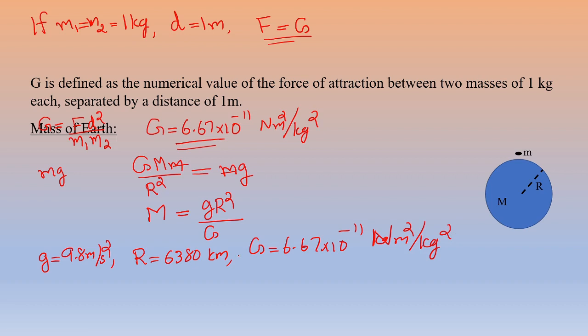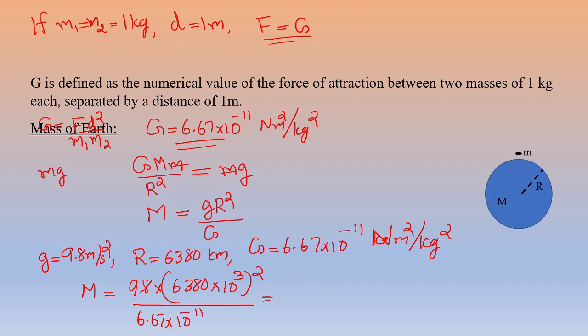Okay, we can substitute this value, that is capital M is equal to 9.8 r square, that is 6,380, when we convert it to meter, square, divided by the value of capital G, 6.67.